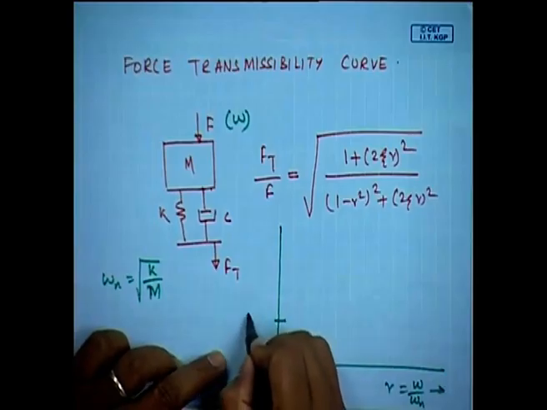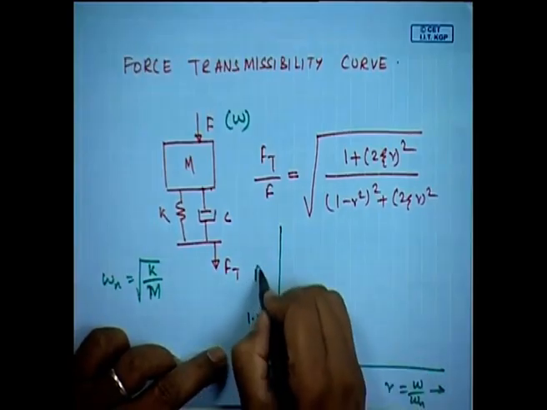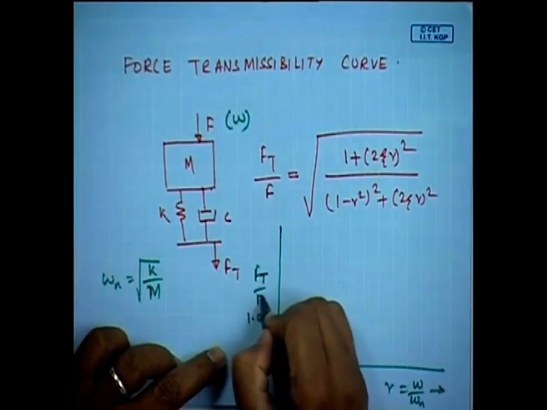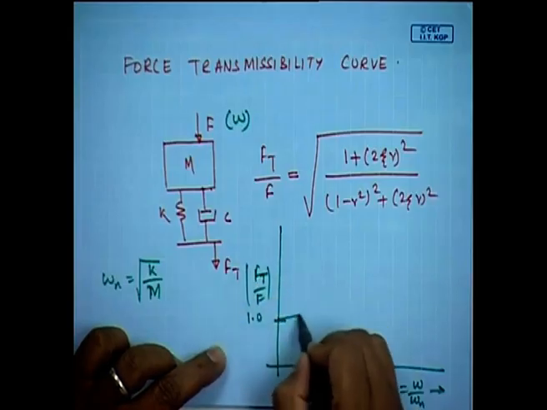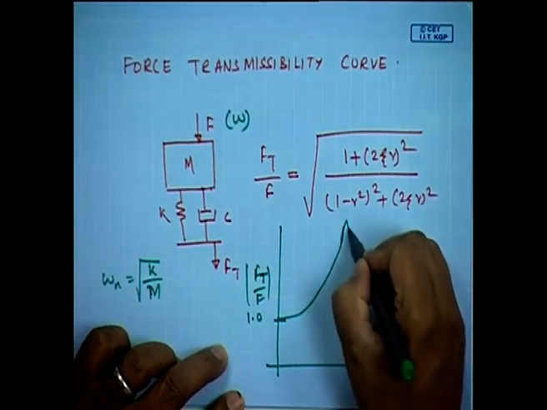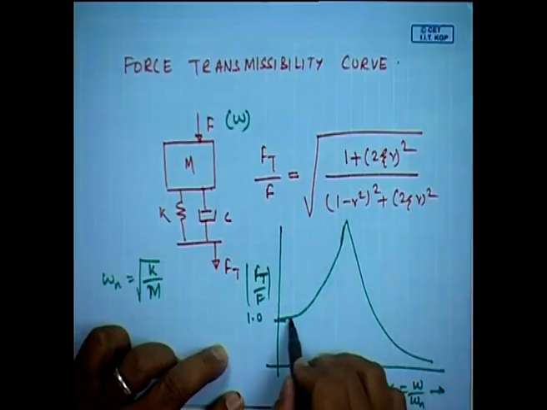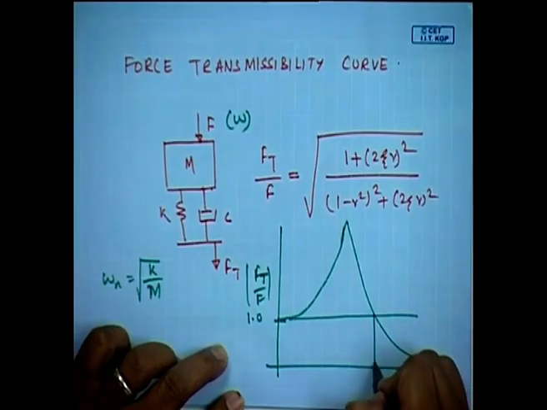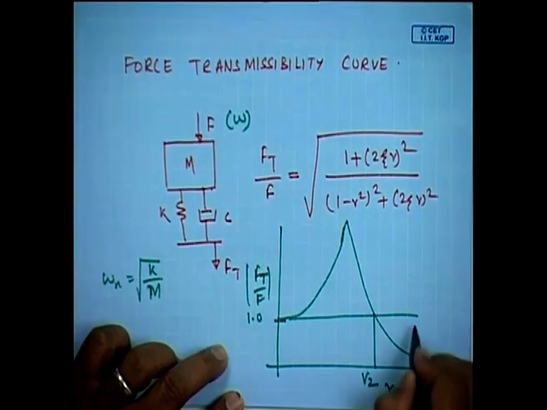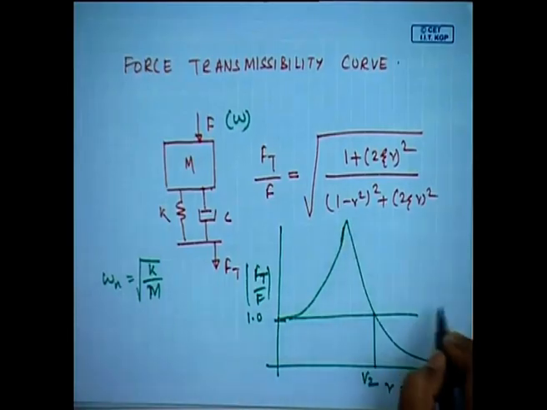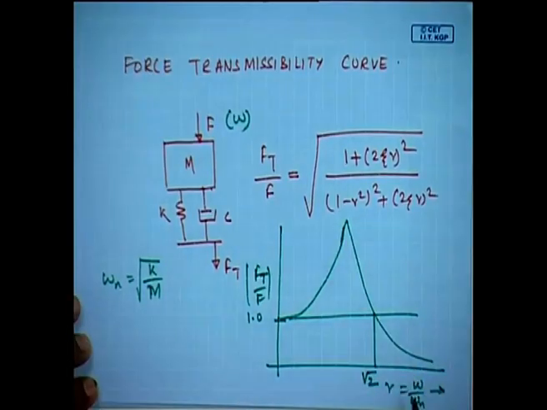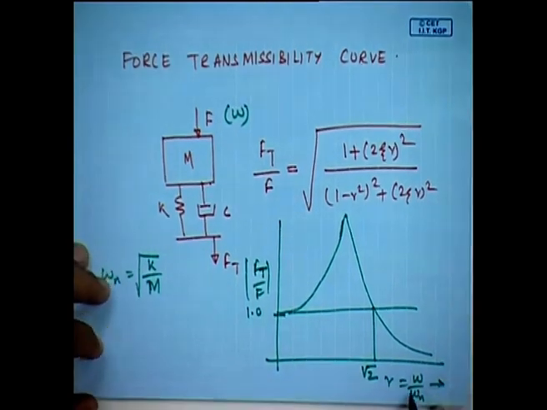Okay. So, this is 1.0, say this is F t by F, and this has a plot, and this value is √2, okay, no matter whatever is the damping. So, at a frequency ratio omega by omega n, or omega is equal to √2 times omega n or more.